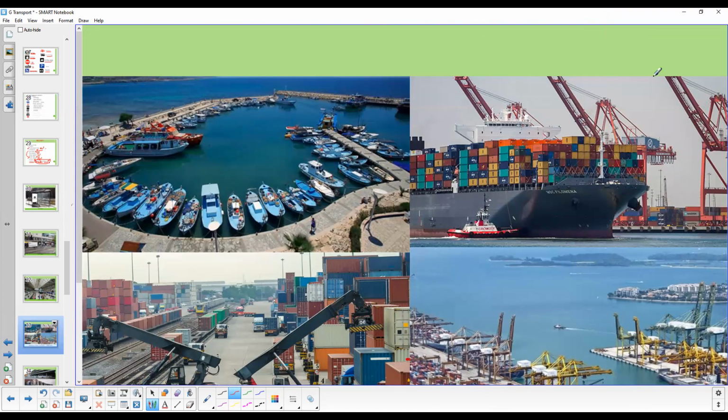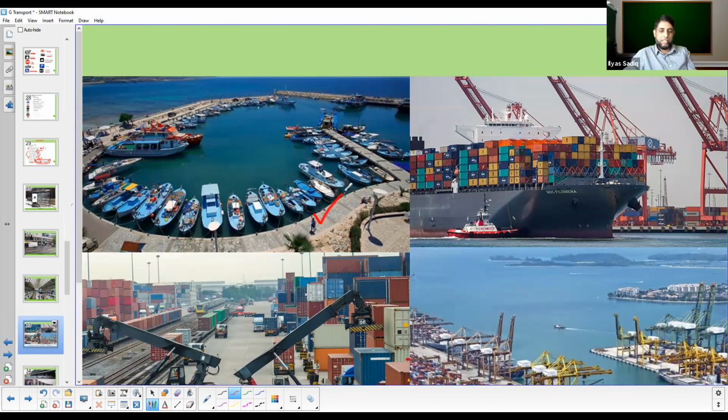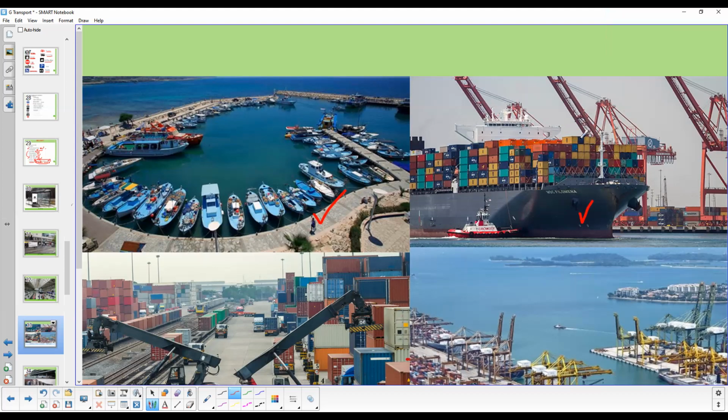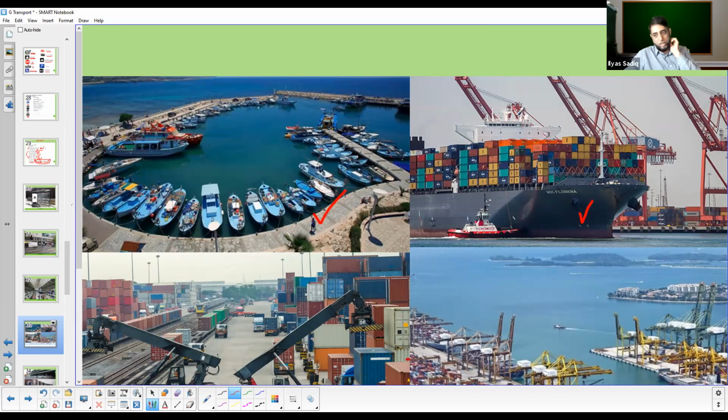So now look at the difference. Harbor. This is the harbor. This is the dry port. You know, the ship. There's a big ship. These are the boats, and this is a ship, right? And it is loaded with a lot of containers.